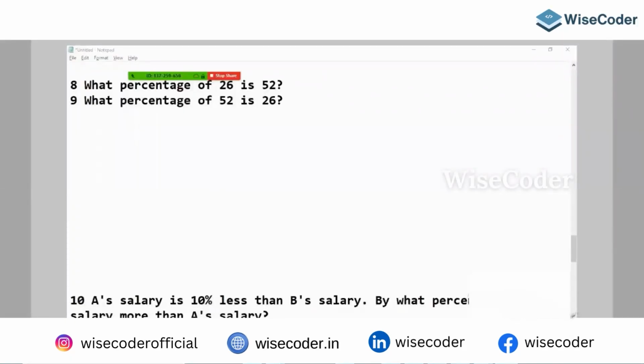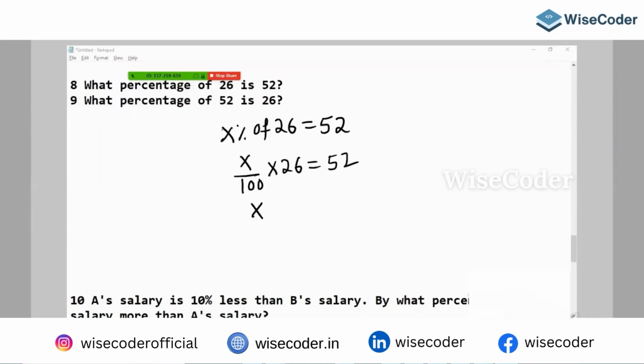I hope you paused the video. What percent of 26 is 52? Let's take x percent. x percent of 26 is 52. So that is x by 100 into 26, which equals 52.